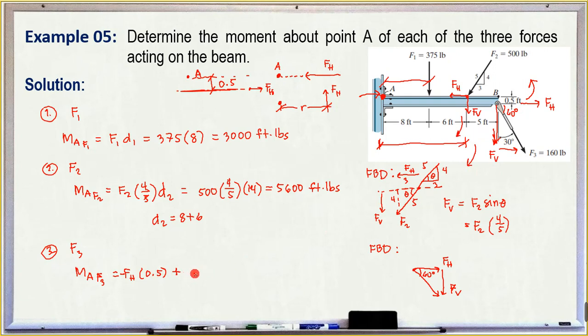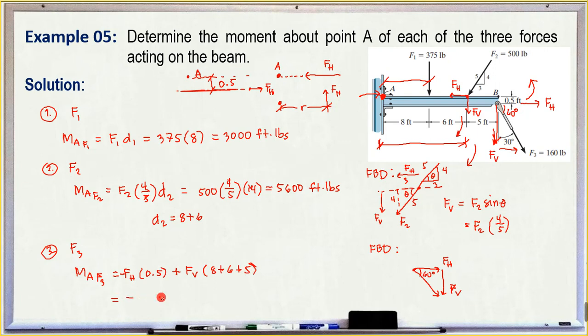Depende ra na nimo, kung imong indicate diri. Ako gi-treat nga positive ang counterclockwise nga rotation. So diri plus FV, ang iyang distance is 8 plus 6 plus 5.